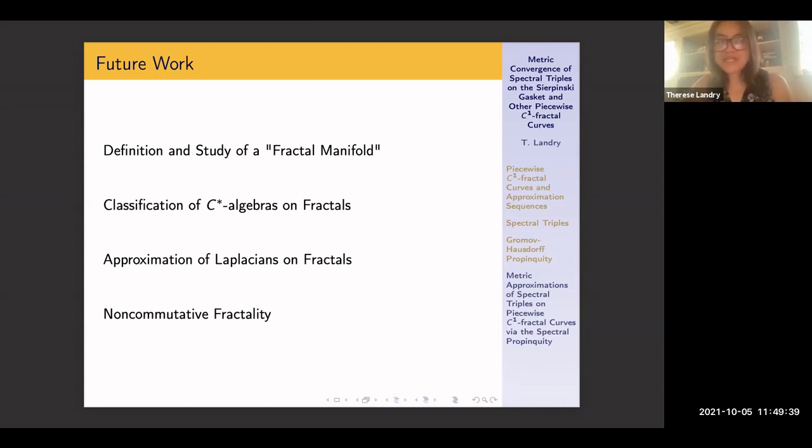Since we're working with complete metrics, a natural thing would be, what's an appropriate set of contraction mappings in a non-commutative setting? What's the right IFS in a non-commutative setting with our complete quantum metric?